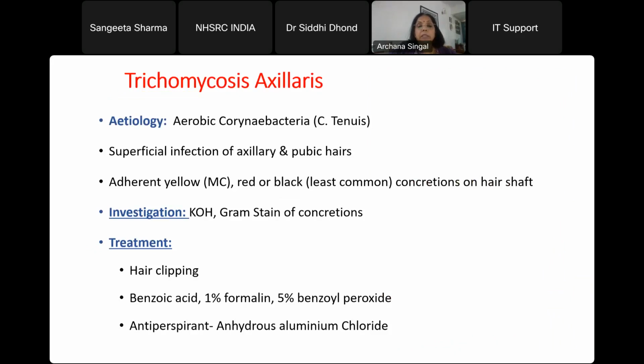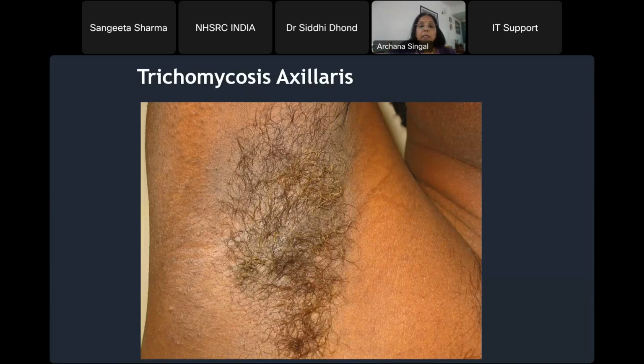Trichomycosis axillaris is again an infection by Corynebacterium tenuis, and it involves the axillary and pubic hair. You can see, next slide, there is involvement of the area, and on the axillary hair you can see yellowish concretions. If you pluck this hair and see under the microscope, there will be small nodules around the hair, which are composed of colonies of Corynebacterium tenuis.